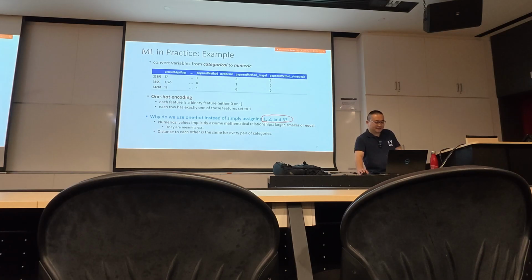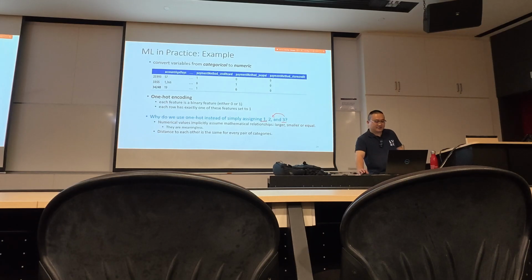The first problem is that when you are saying 1, 2, and 3, actually you implicitly assume a relationship between different values, because 3 is 3 times larger than 1, and 3 is 1.5 times larger than 2. So you are assuming some mathematical relationships between them.